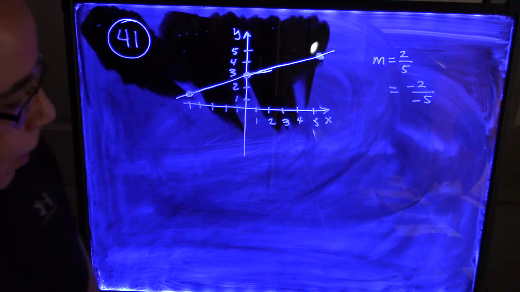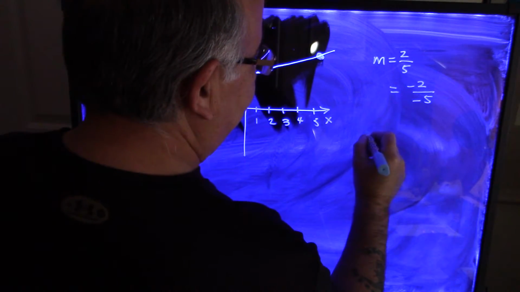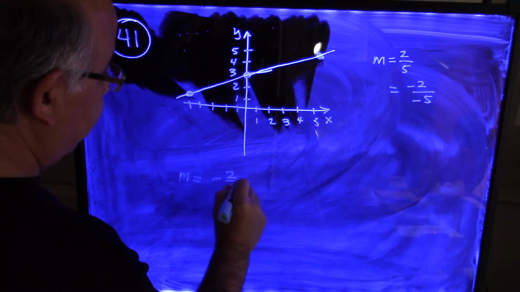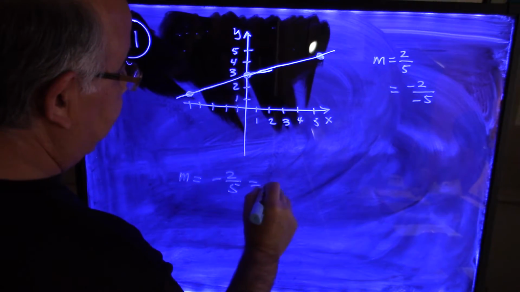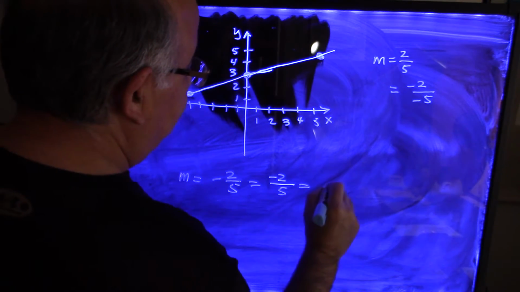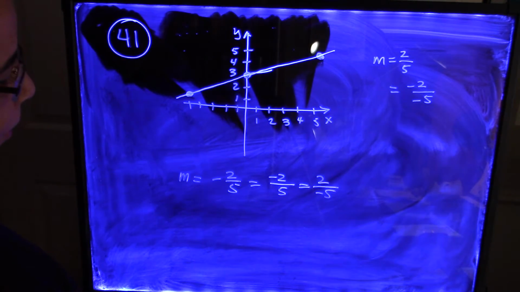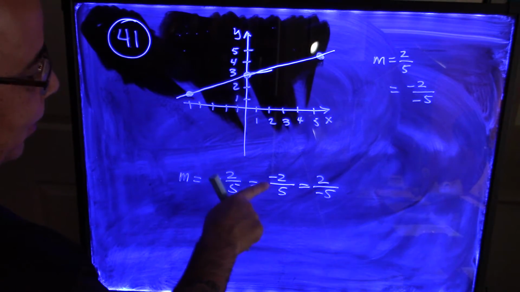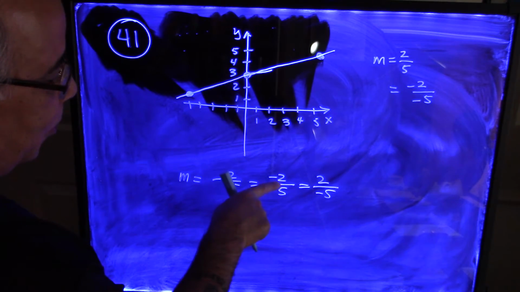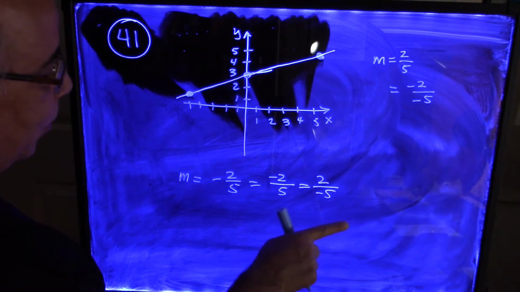Oh, by the way, let's say you had a slope of negative 2/5. You could write that as negative 2 over positive 5, or positive 2 over negative 5. So you could use either one of these. If you use this one, for example, the rise would be negative 2, which means you would go down 2 units, and then run of positive 5, go to the right 5 units.